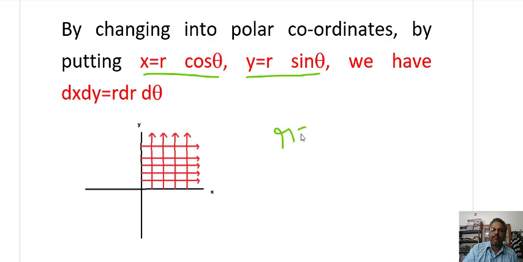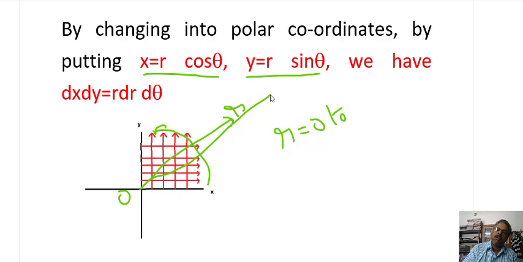R limits. Now r is nothing but the radius vector. It is moving in all directions. Initially the r value is 0, and goes up to infinity. The radius vector starts from this point, so r is 0 to infinity.